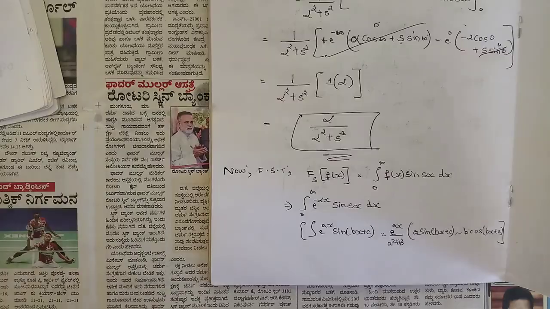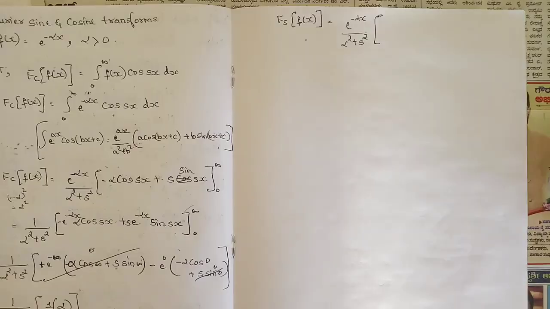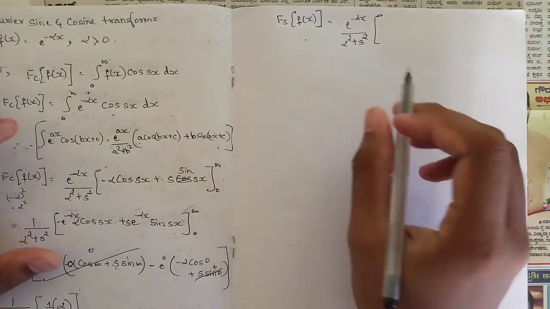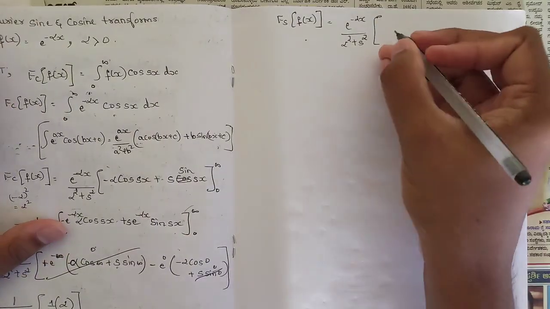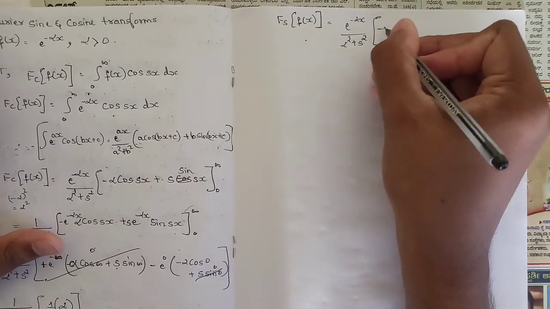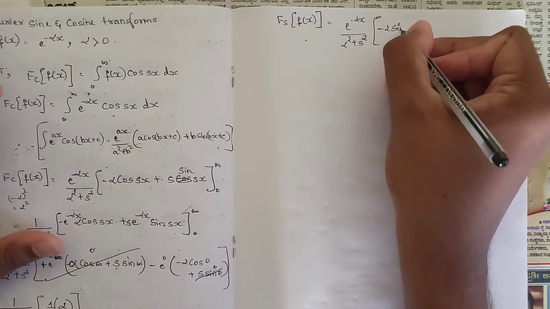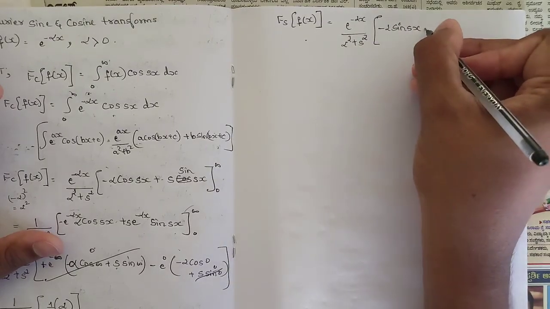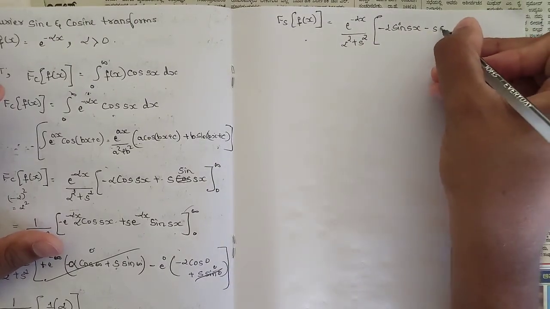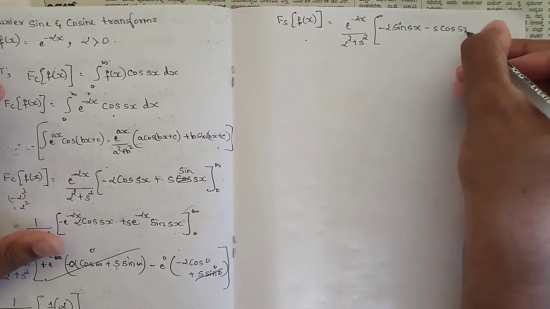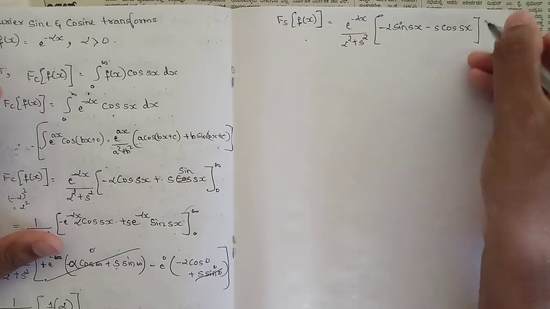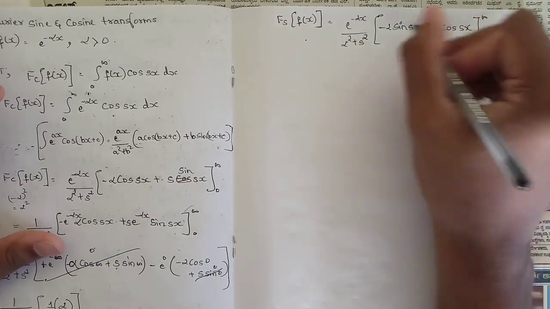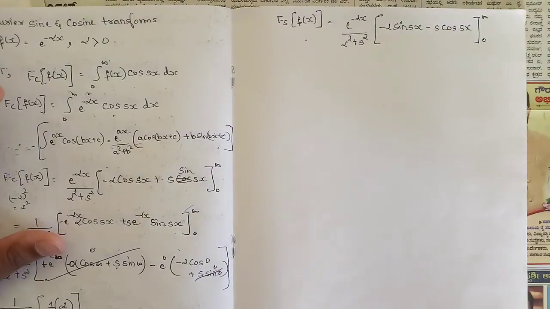Now we are going to replace these values. So we write a sin bx as minus alpha sin sx, minus b cos bx, so s cos sx, from 0 to infinity. Here the value of c is 0, so we are not writing it.